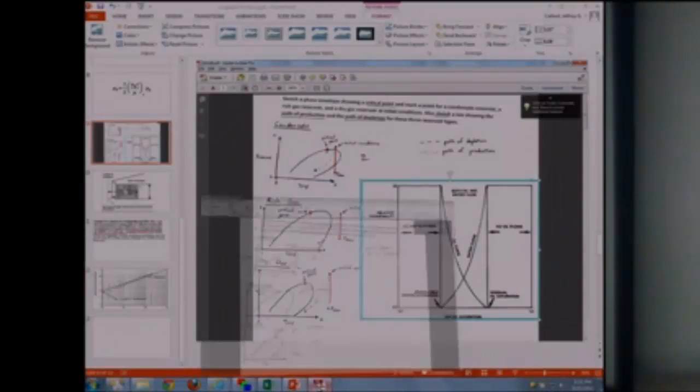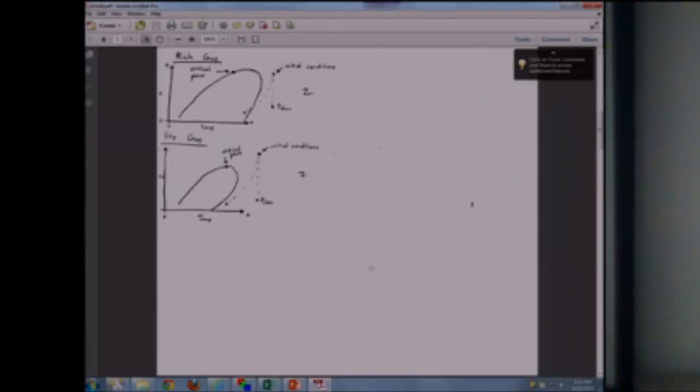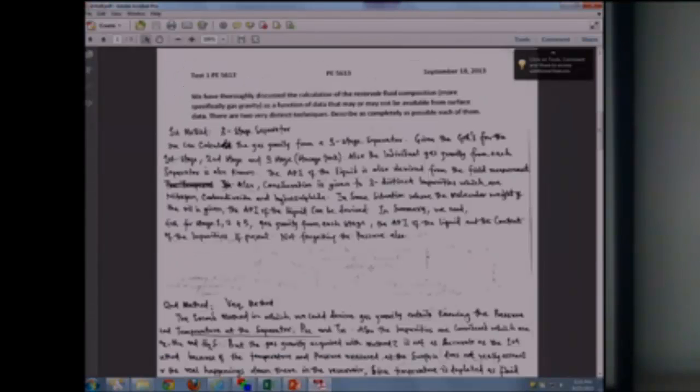Now, I think I got this up in here. Okay, so this was that second one.